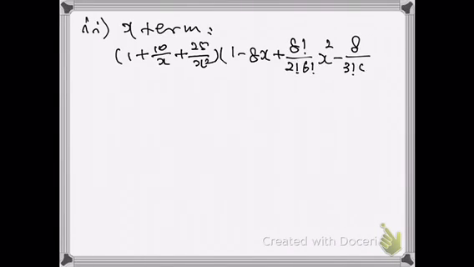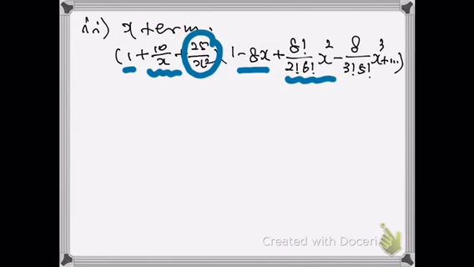Sorry about the dog barking. Now the x term, we should have the constant times x, and 1 over x times x squared, and 1 over x squared times x cubed. That should give us the x term.